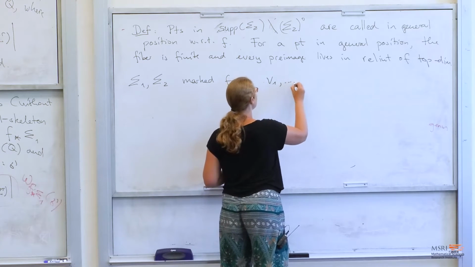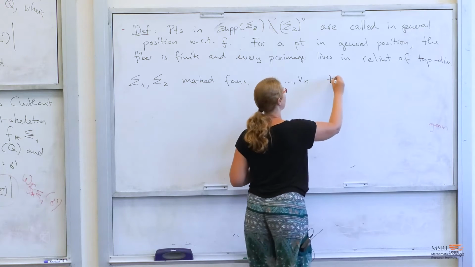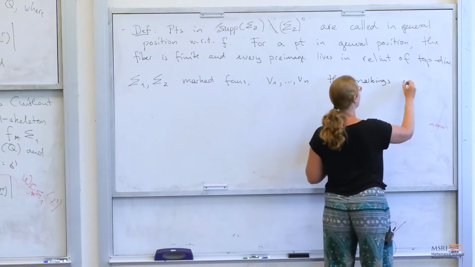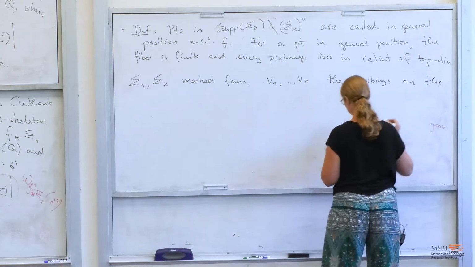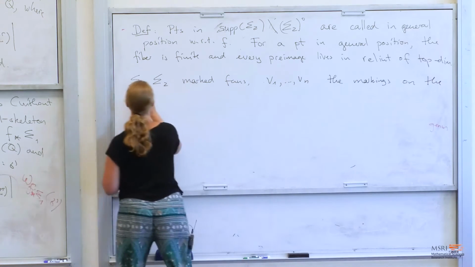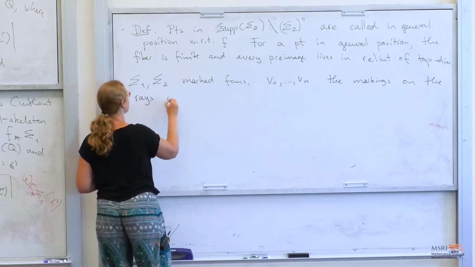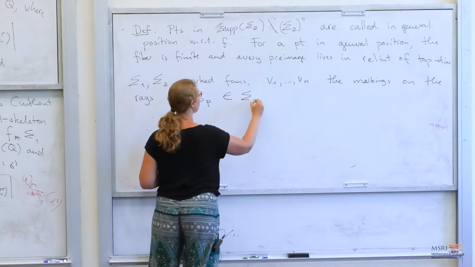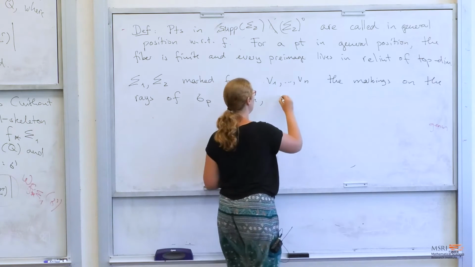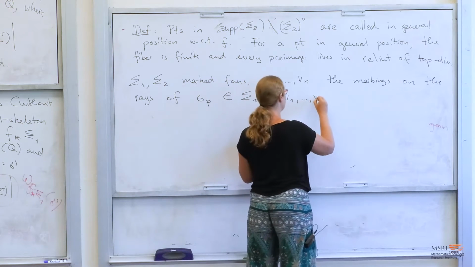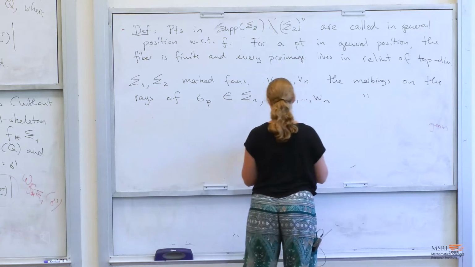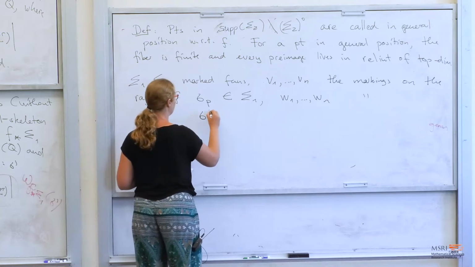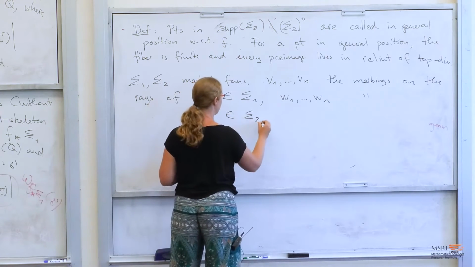Let me call V1 up to Vn the markings on the rays of some pre-image cone sigma p in sigma 1, and W1 up to Wn the markings on the rays of the image cone sigma q prime in sigma 2.